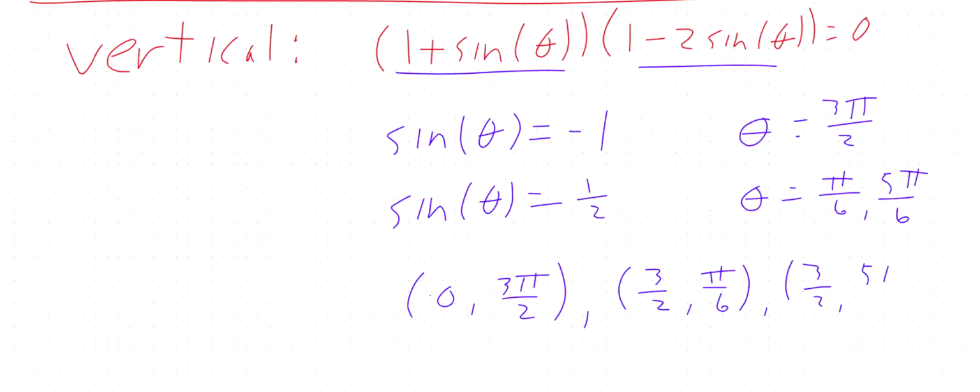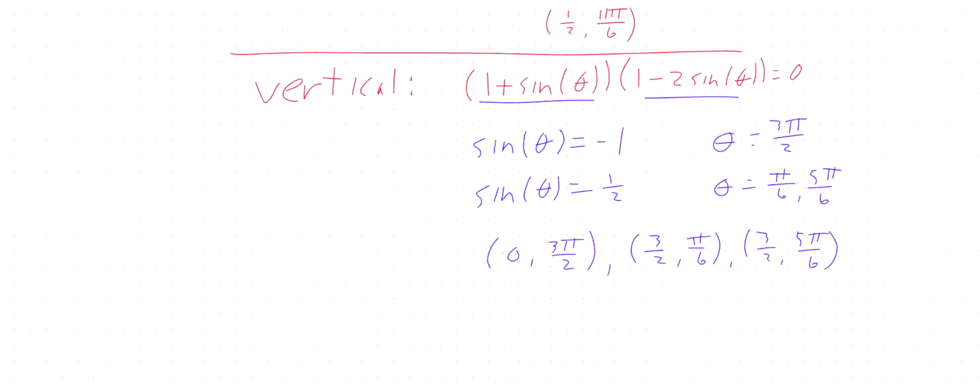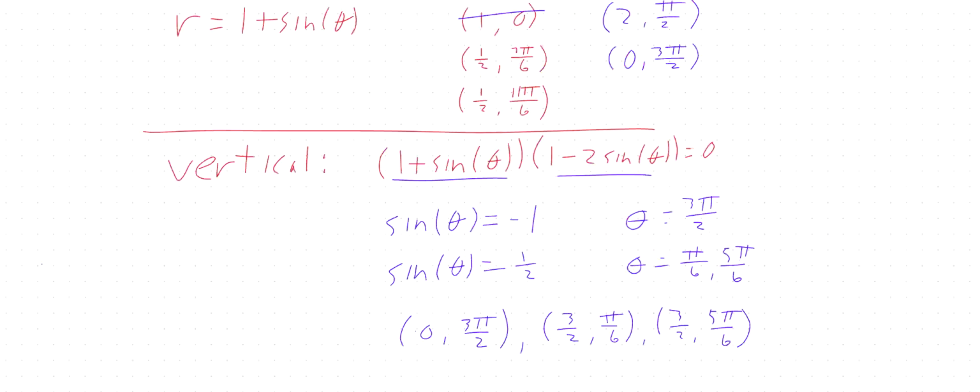So again, plugging these thetas into our r equation. Now notice that on our list, both of them had this one. So we don't want that as either of our answers. We get 0/0. Something weird's happening.